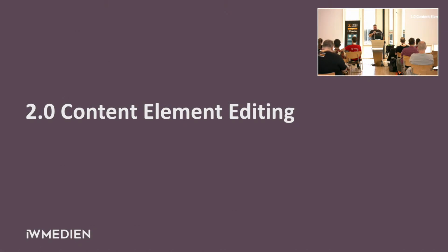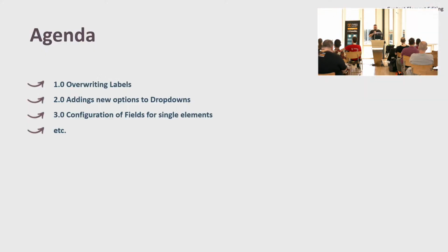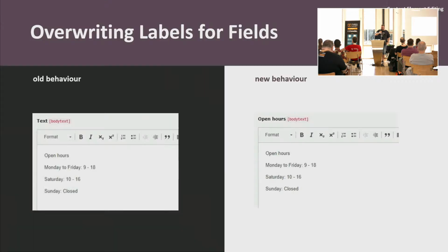Next is content element editing. We start simple with overwriting labels, then we make new options, and then we set the configurations of fields. We start with simple ones.